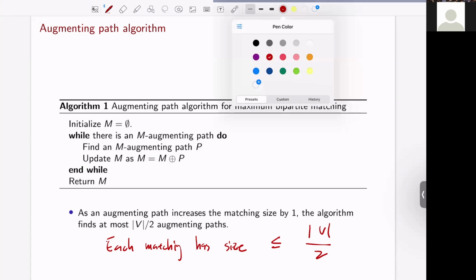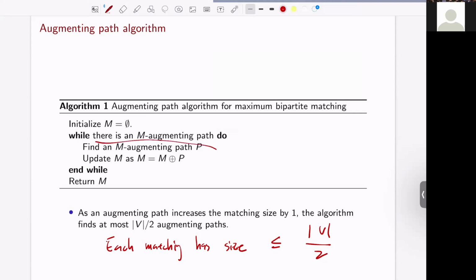Now, the question is, how do we find an augmenting path? One audience member was asking a question about where this property of bipartition is used in this algorithm. Somehow this template doesn't rely on bipartite structure at all.